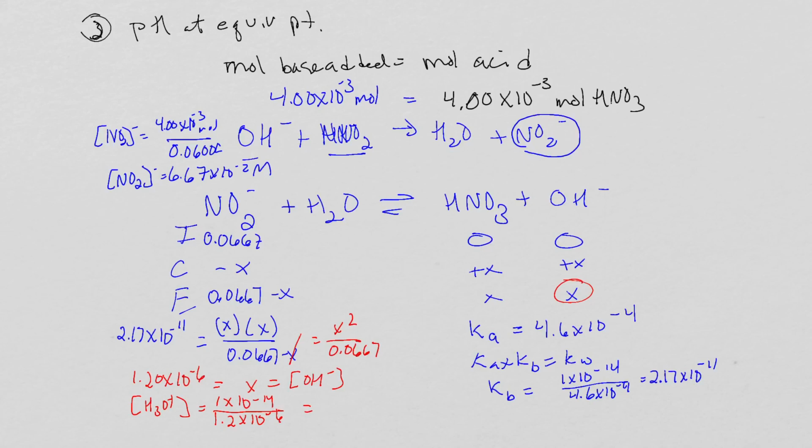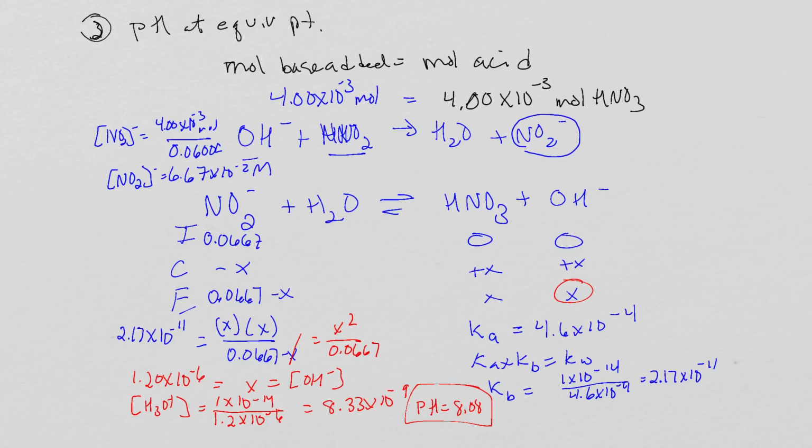And so the hydronium is going to equal 8.33 times 10 to the minus 9th. And then we're going to solve for the pH. If we take the negative log of this, the pH will equal 8.08. So the pH at the equivalence point, as expected, is slightly basic, in that order of magnitude of 8 to 9.